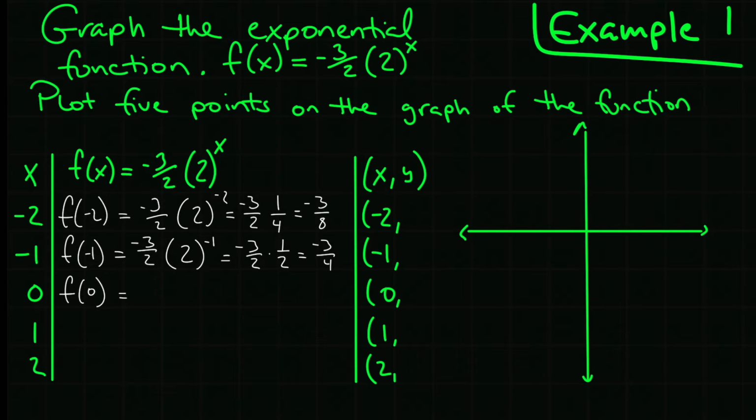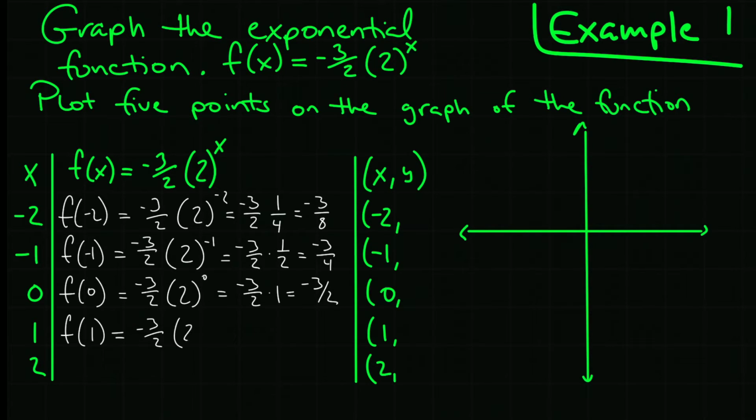For x is equal to 0, the f of 0 is going to be -3/2 times 2 to the 0 power. Anything raised to the 0 power is just 1. So that's going to be really -3/2 times 1, which is -3/2. When x is equal to 1, we have f of 1 is equal to -3/2 times 2 to the first power. 2 to the first power is the same thing as 2.